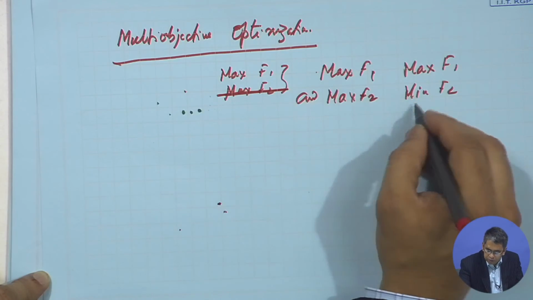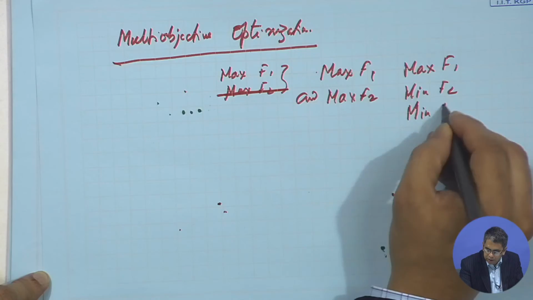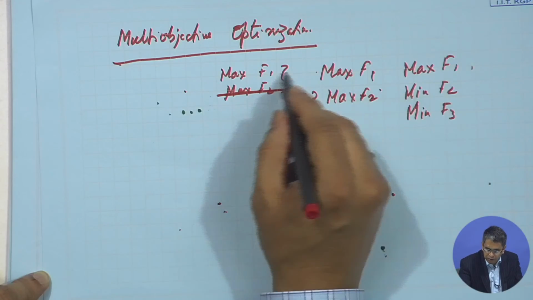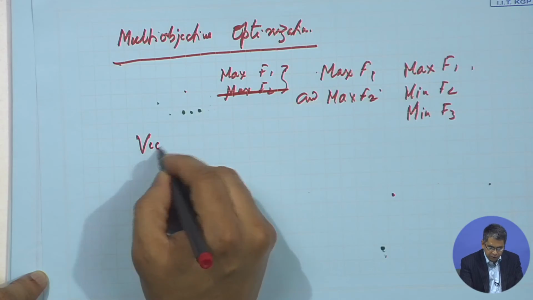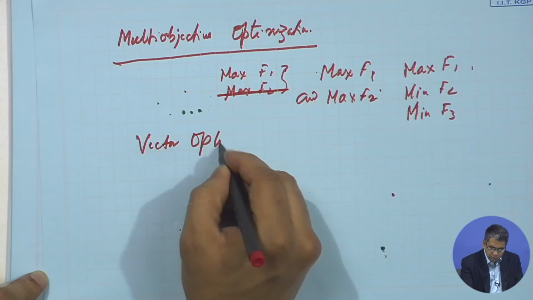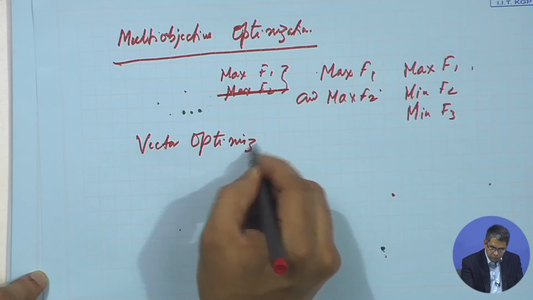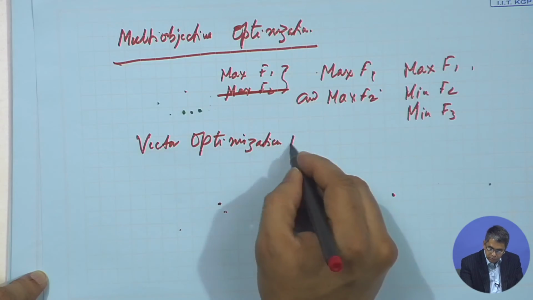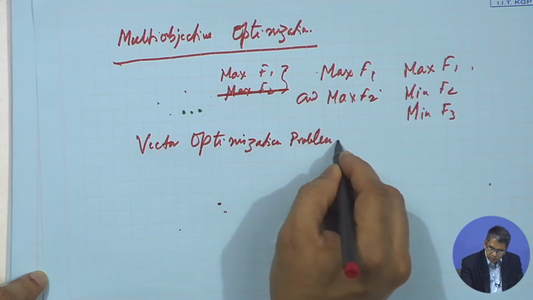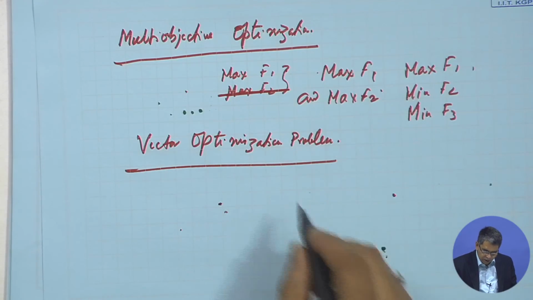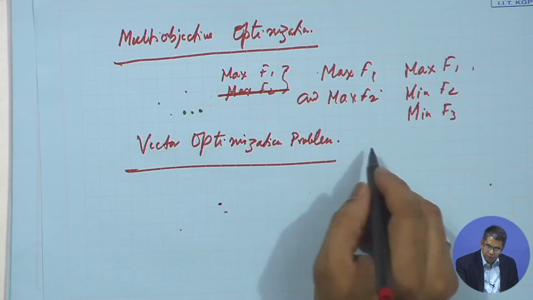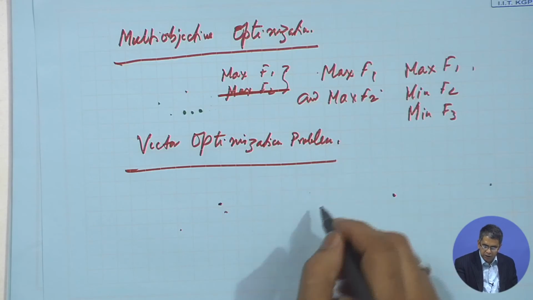Or even minimize say f3, 3 objective functions, 2 objective functions, 1 objective function. The moment you have more than one objective function, it becomes a vector optimization problem, because you have more than one objective function as a vector.